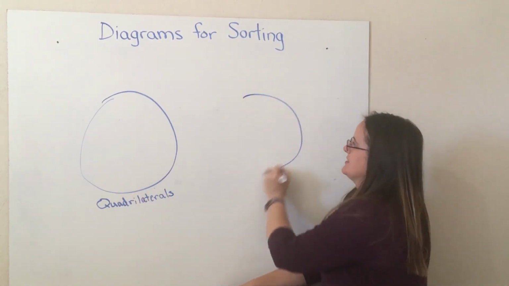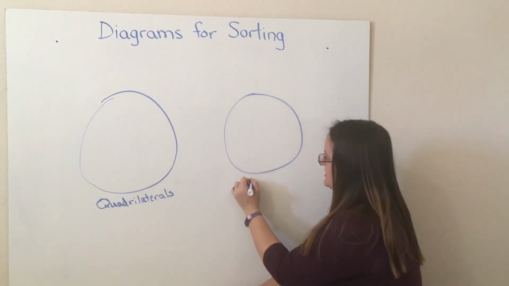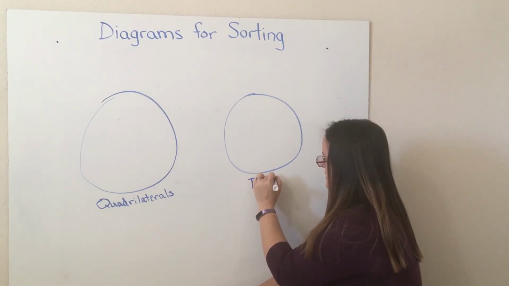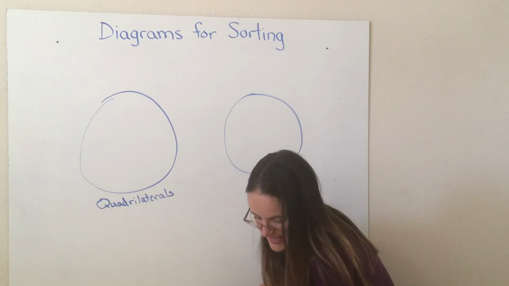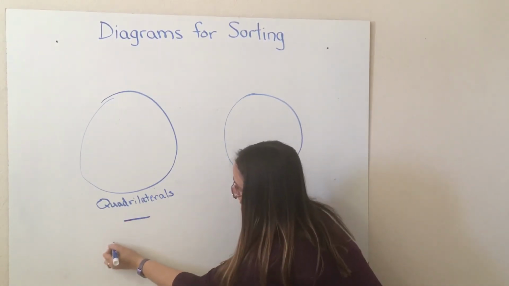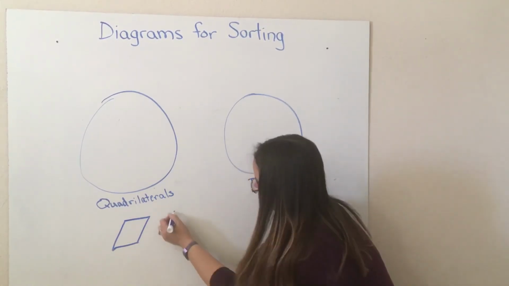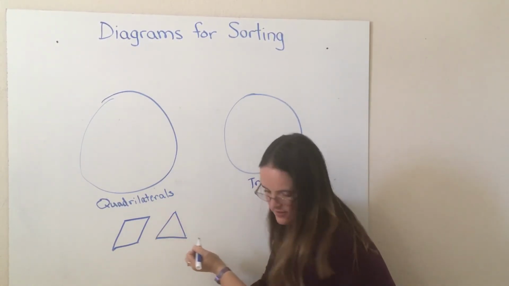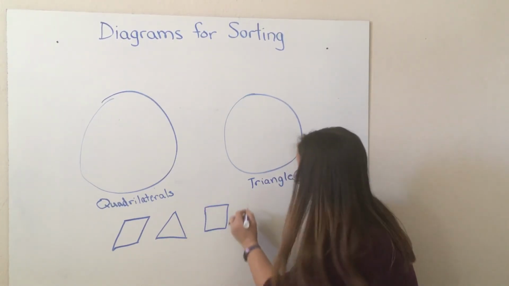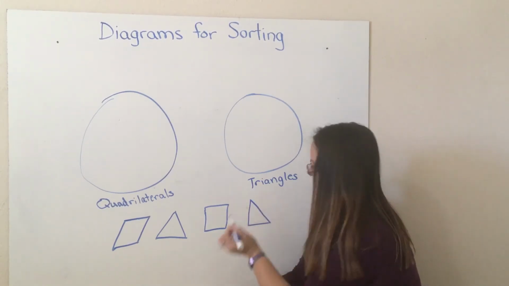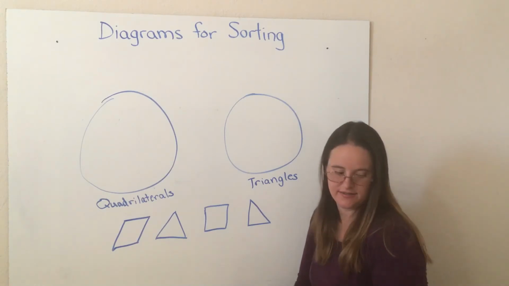And then my second circle will be labeled as triangles. Okay? And you are going to have to determine where the following shapes belong. In what circle? Okay? If you want to pause it, we'll go over the answers next.